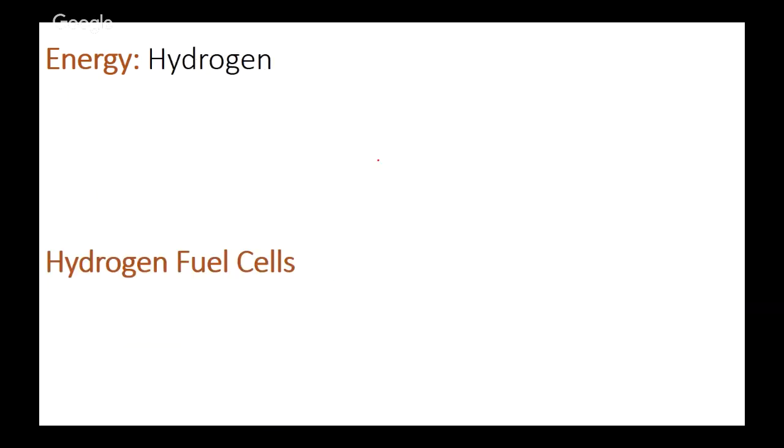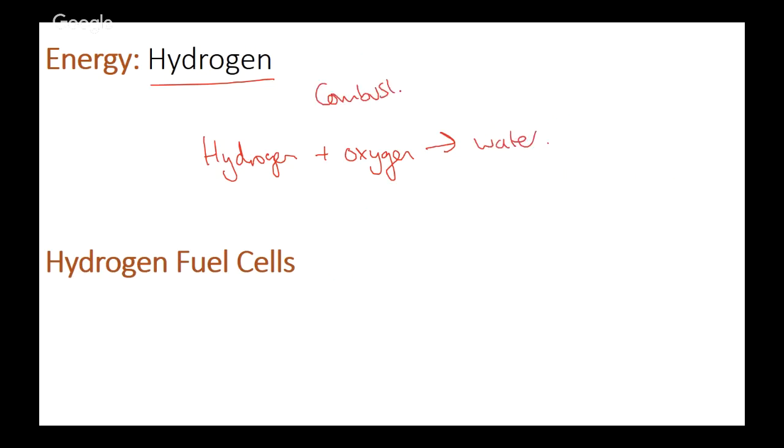Quick little bit on hydrogen then, just a tiny sentence really in the spec for C3, but they might discuss hydrogen as a fuel. Hydrogen burns in air in a combustion reaction to produce water. So this type of reaction would be combustion when you're reacting with oxygen from the air.